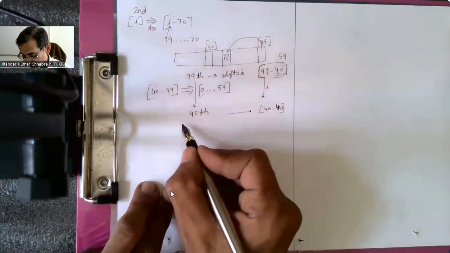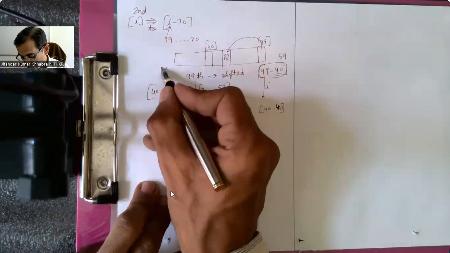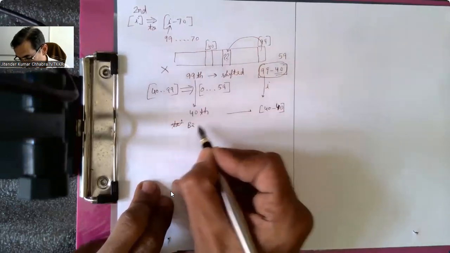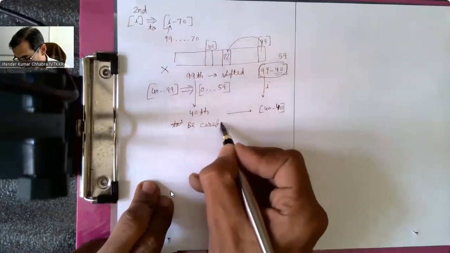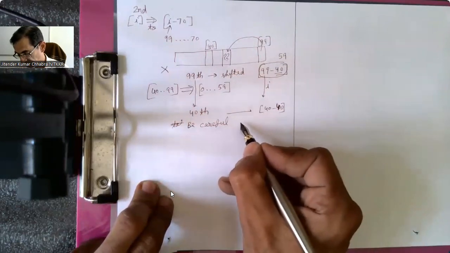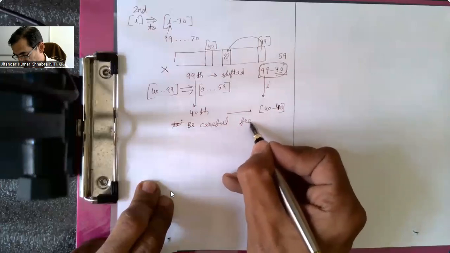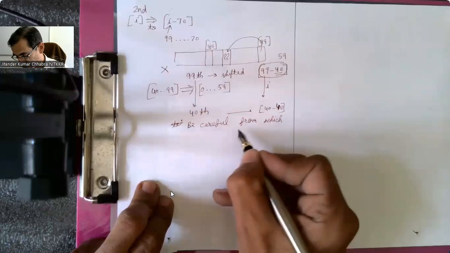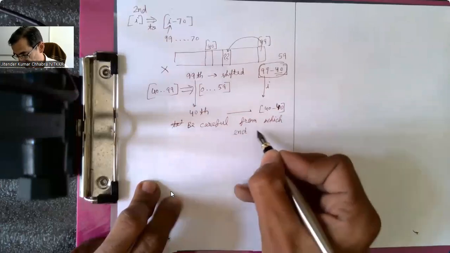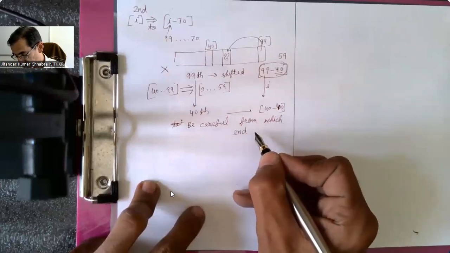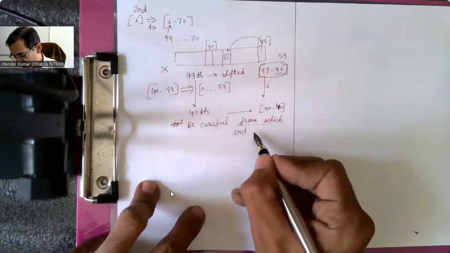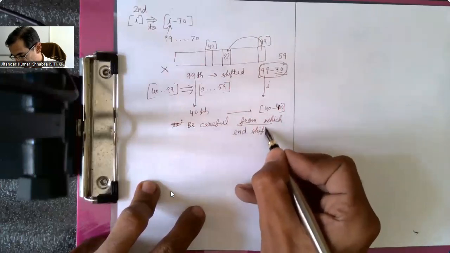So in this case, this will become problematic, and you should be careful from which end the shifting is to take place. From which end you should start shifting should be chosen carefully, so that you don't overwrite data which was already present.